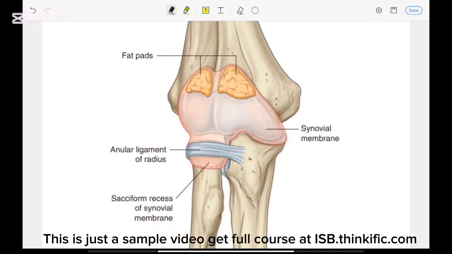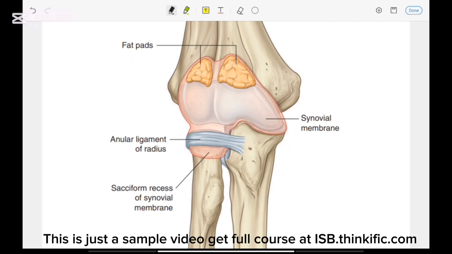Now, the synovial membrane of the elbow joint originates from the edges of the articular cartilages and lines the radial fossa and also the olecranon fossa and the coronoid fossae. All of these fossae that we've talked about, the synovial membrane lines them. And it has some clinical importance. I will tell you that in a moment.